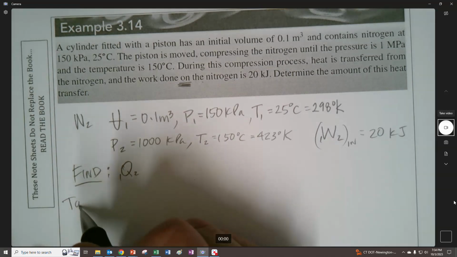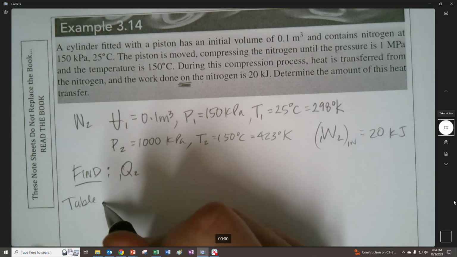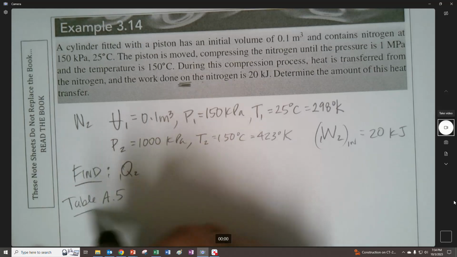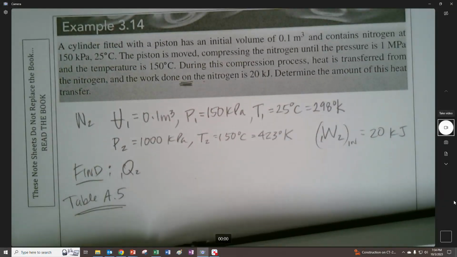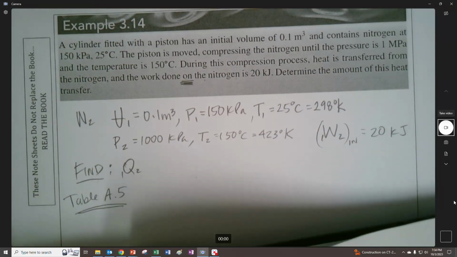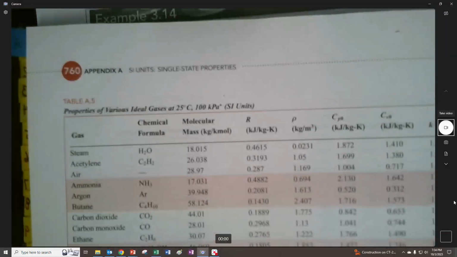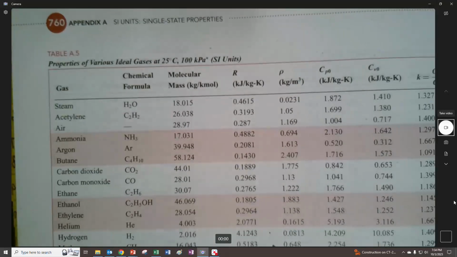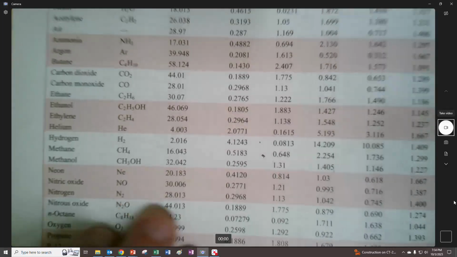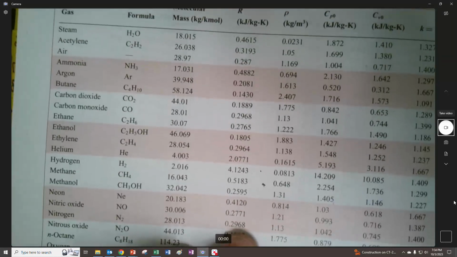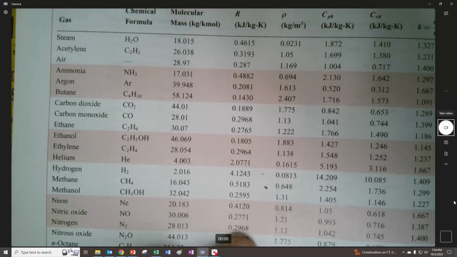First, maybe we could find the mass using the ideal gas law. So first we'll go to table A5 and find the constant R. For nitrogen, right down there, for R we get 0.2968.